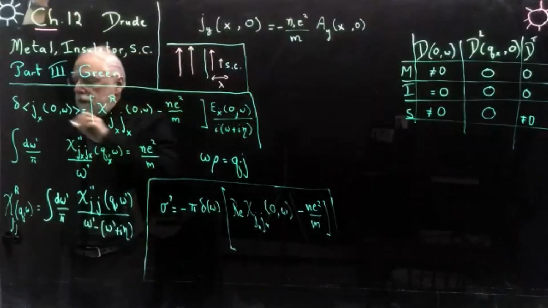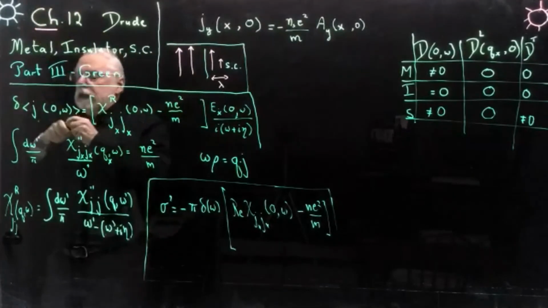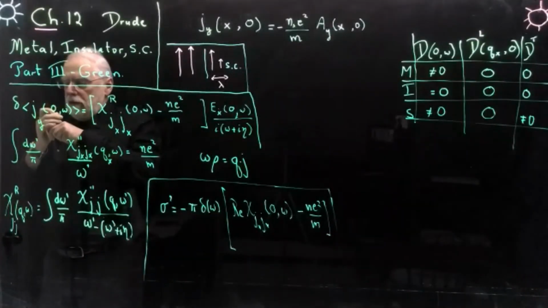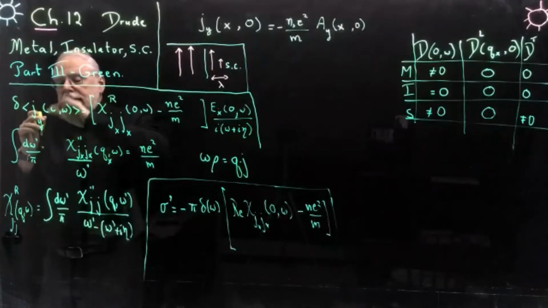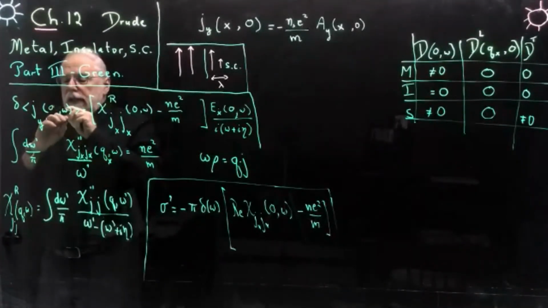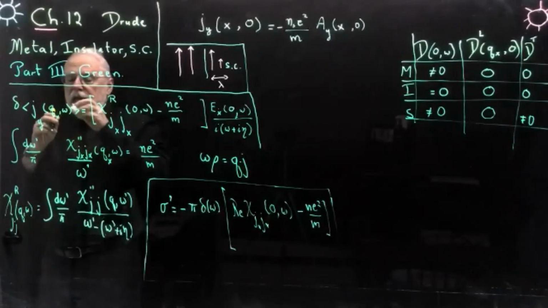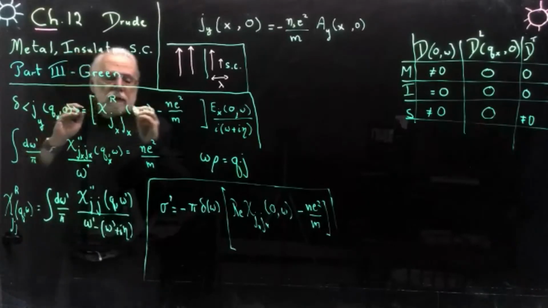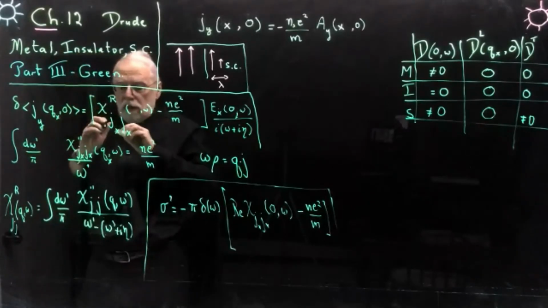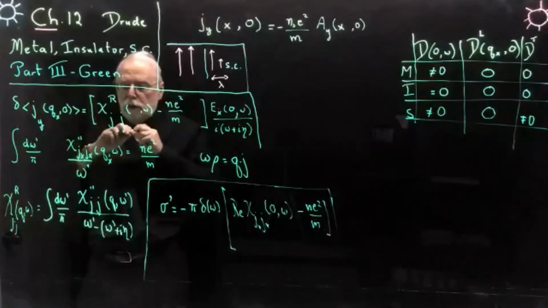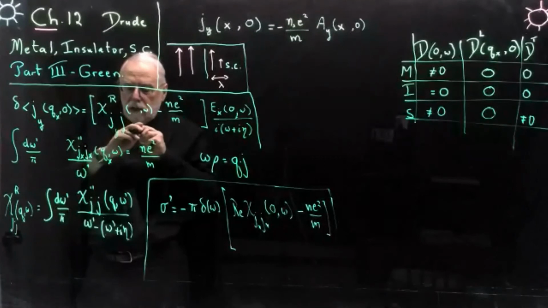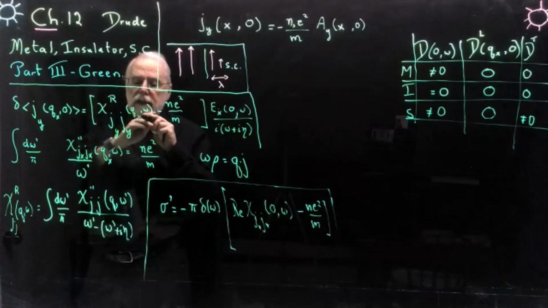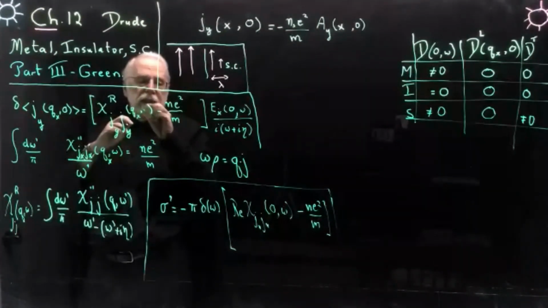So for a superconductor, I look at the response in the y direction, for variation along the x direction. So I take q_x at 0 frequency, so it's a thermodynamic quantity. So here I have to put G_yy, and I have to put the q_x at 0 frequency.